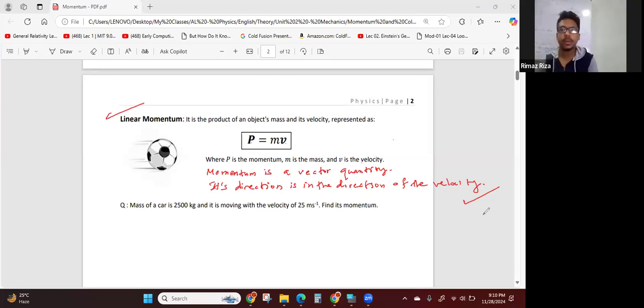So we are starting from momentum, so straight away we can start with the definition. The momentum is defined by the mass times velocity of an object. Okay. So if you finish, you can start this question. Mass of a car is 2,500 kilogram. It's moving with the velocity of 25 meters per second. Find its momentum.